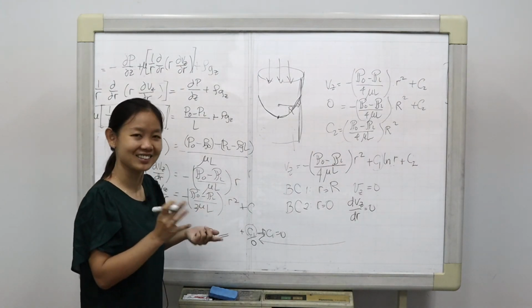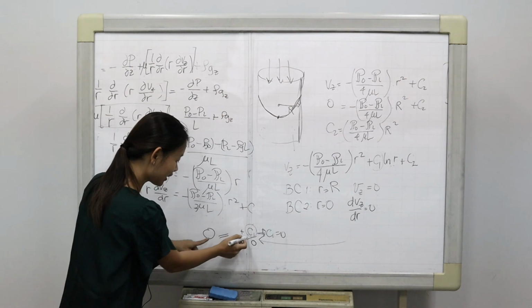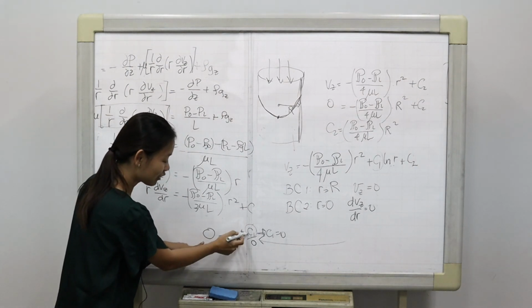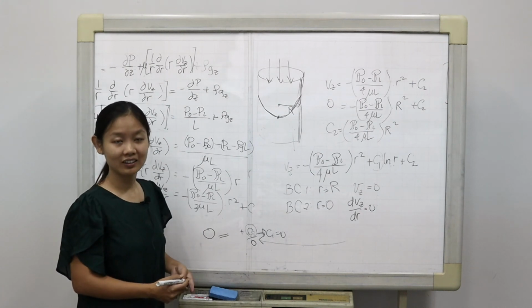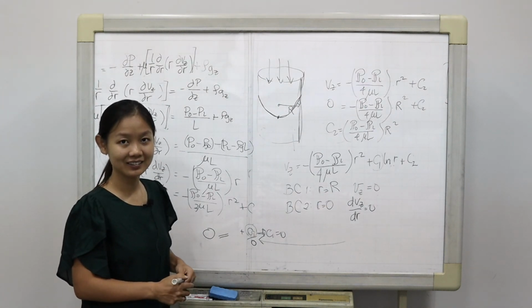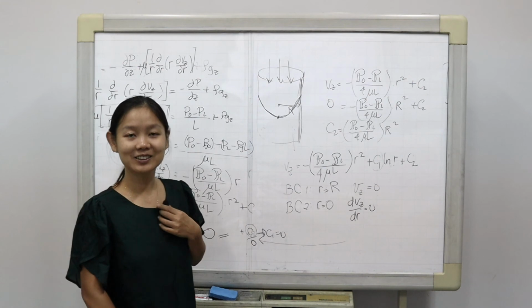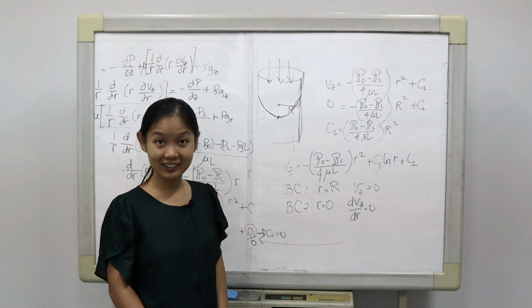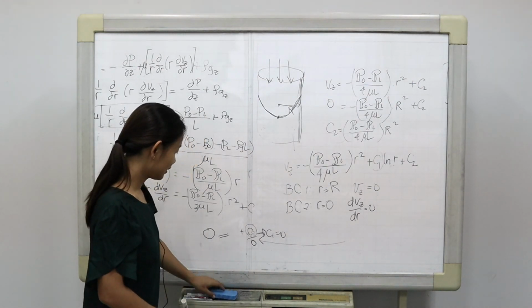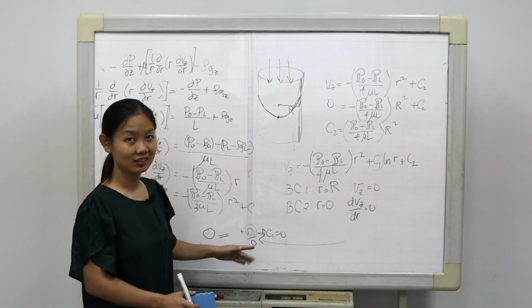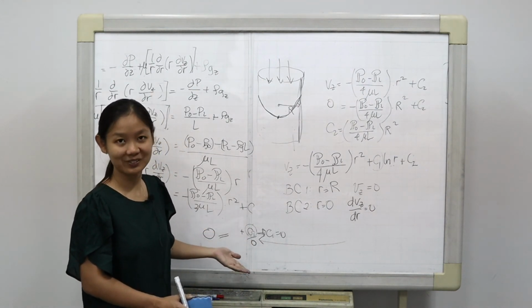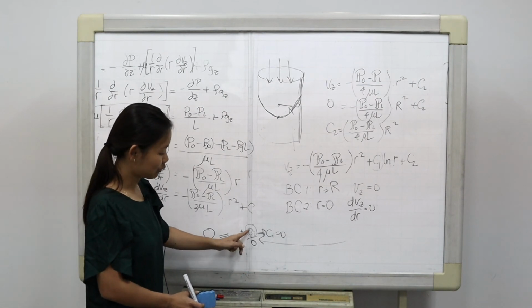But to get 0, we have to put C1 as 0. Is it clear, Emma? Is that what you asked? Yes. So if you put any number other than 0 for C1, it will give you infinity or undefined, so you have to put 0 here.